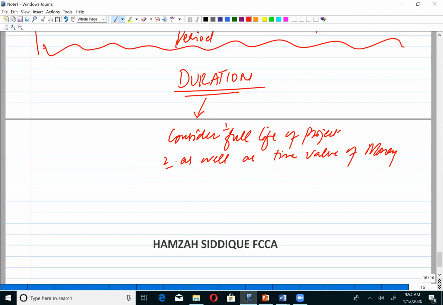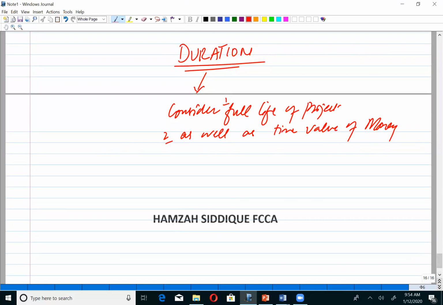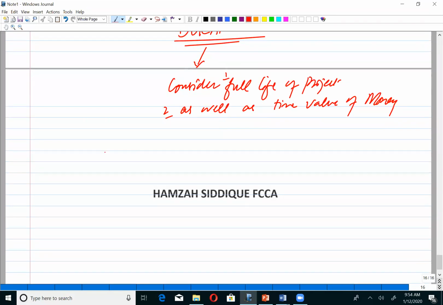Students, duration. I will discuss its definition a bit later on, but first of all, we need to know how it is calculated. Then we can understand its definition, otherwise we cannot. For example, a project has the following cash flows: years 1, 2, 3, and 4.